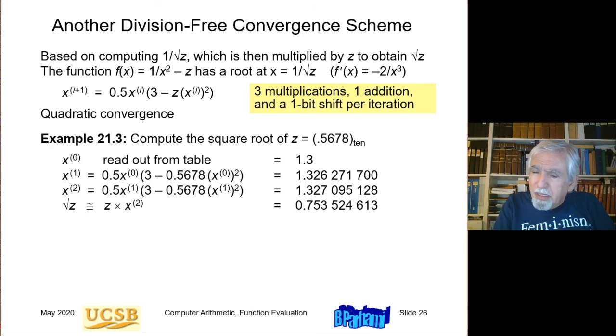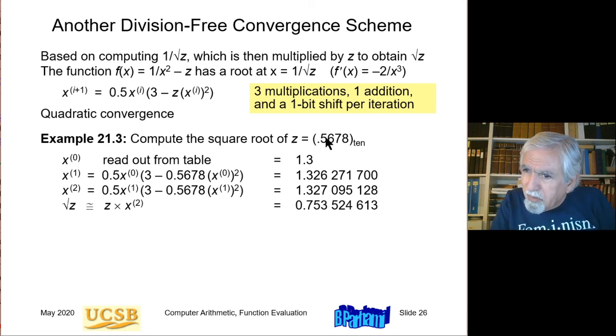So here is a numerical example. Suppose I want to extract the square root of 0.5678. I read out from a table that the approximate inverse square root of this number is 1.3. So remember, the convergence method computes 1 over the square root.